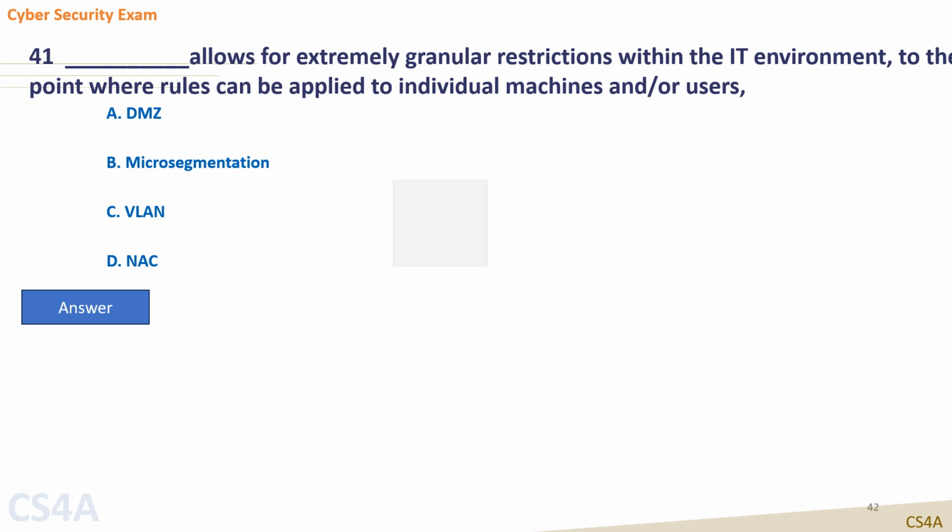And network access control, so network access control might provide security access control, but it won't ensure the granular restriction. That is not ensured by NAC. So the correct appropriate answer is B, micro segmentation.